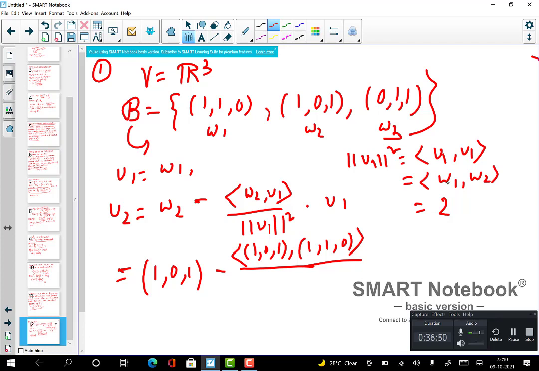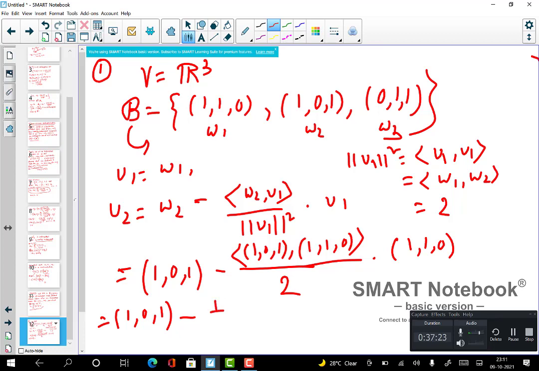So the norm of V1 squared is 2, times V1, and V1 is again W1, so it is the vector (1, 1, 0). Now what is the inner product of W2 with V1? Let me write this properly. 1 into 1 is 1, 0 into 1 is 0, 1 into 0 is 0, so this is 1.